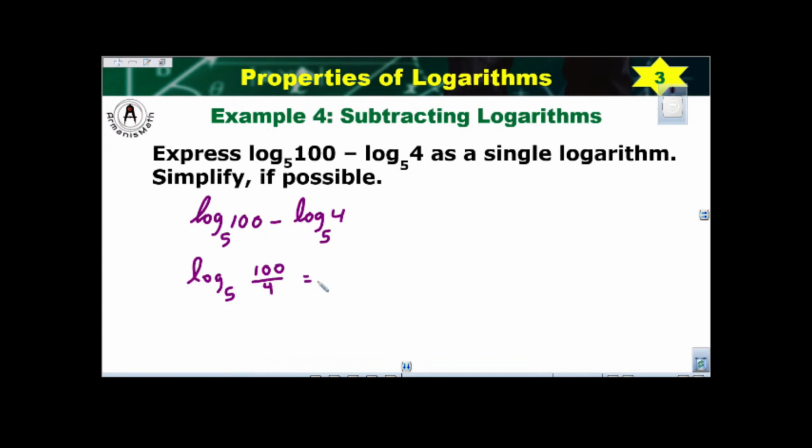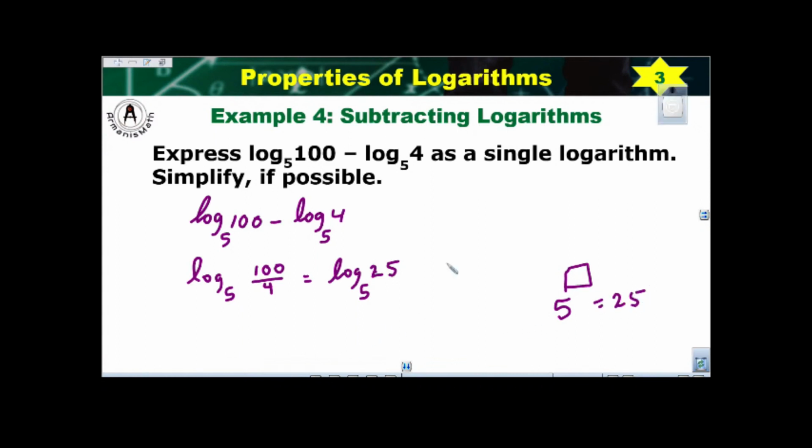Well, that's going to give me log base 5. What's 100 divided by 4? 25. Now my brain's asking the same question. You guys remember? Your brain's going to be switching from exponential to log to exponential a lot of times in this chapter. So basically, you're asking 5 raised to what power gives you 25?